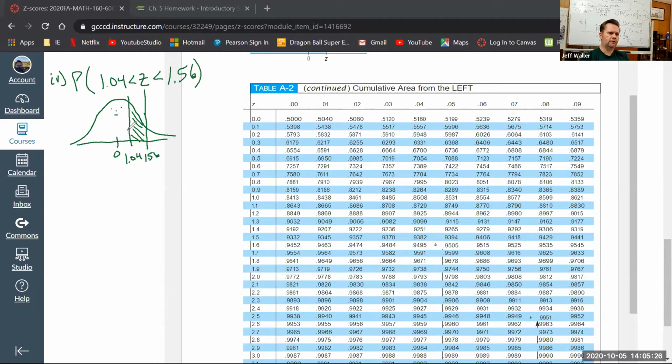If I can find both areas, so if I find the area below 1.56, that is way more than I want. Right, but what is that area? 1.56. 0.9406. 9406, I like it. So that's 0.9406.